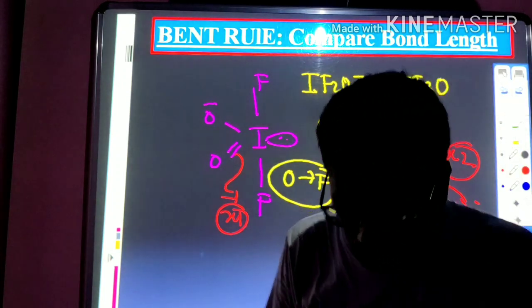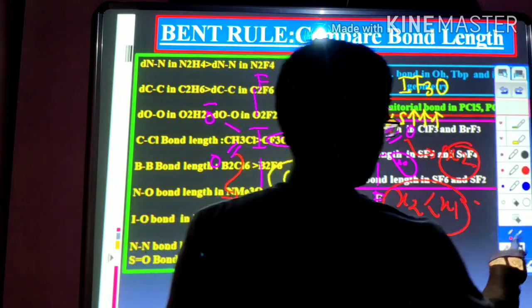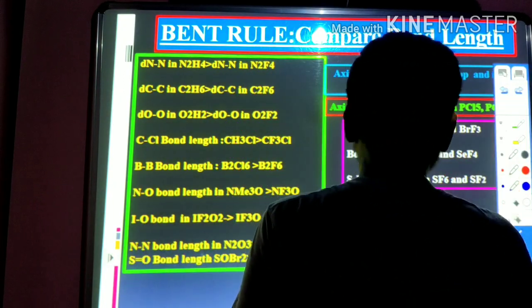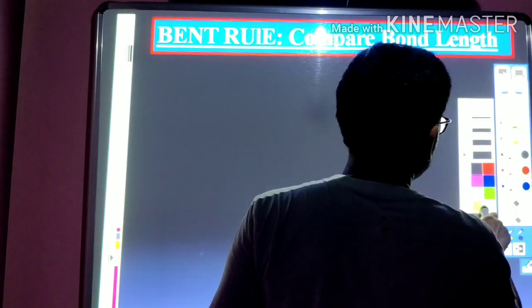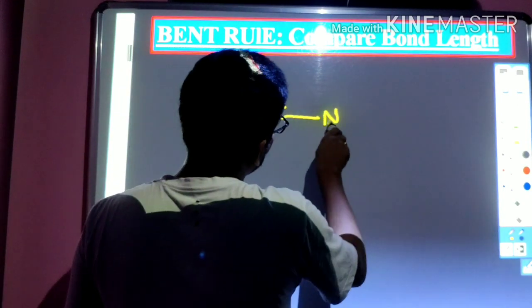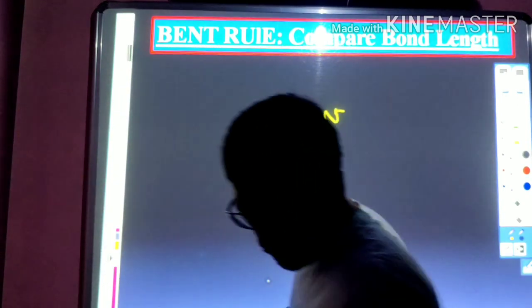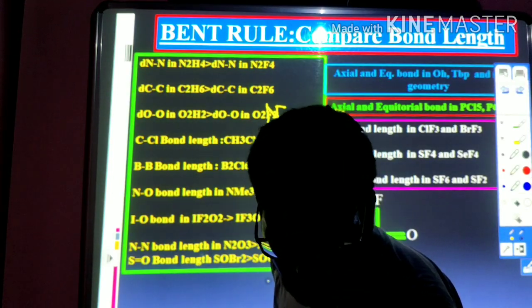Now next move to N2O3 and N2O4. Let me write first the N2O3 structure. Okay, N2O3 and N2O4.